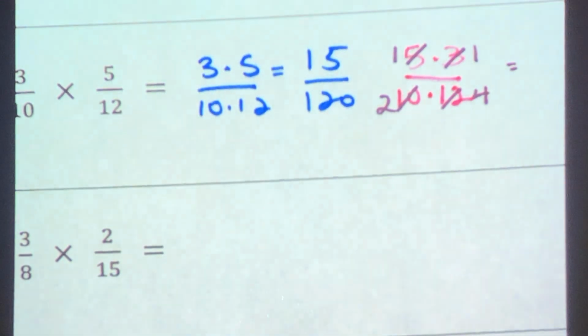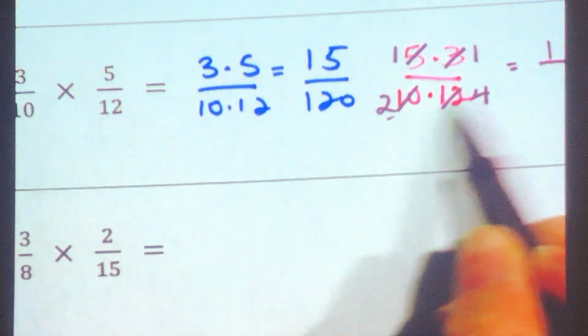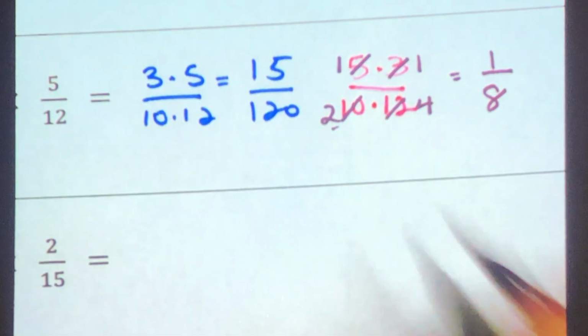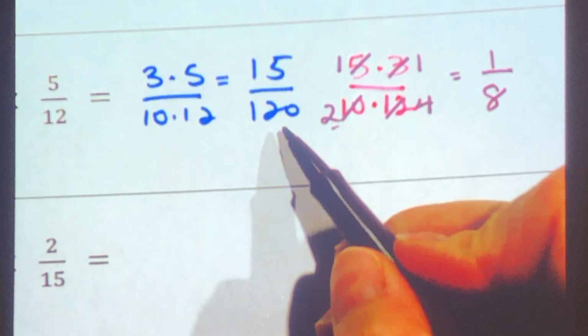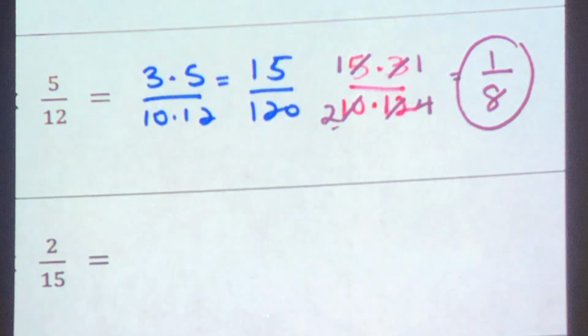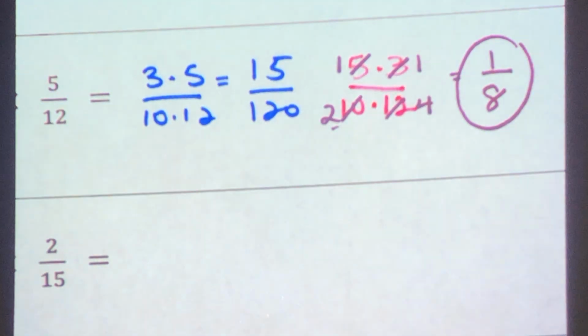So what's left here is 1 times 1, which is 1, and 2 times 4, which is 8. So 15 over 120 is what you would start with. 1/8 is the simplest form. So by simplifying before you multiply, you can jump right to that instead of having to try to simplify 15 over 120.